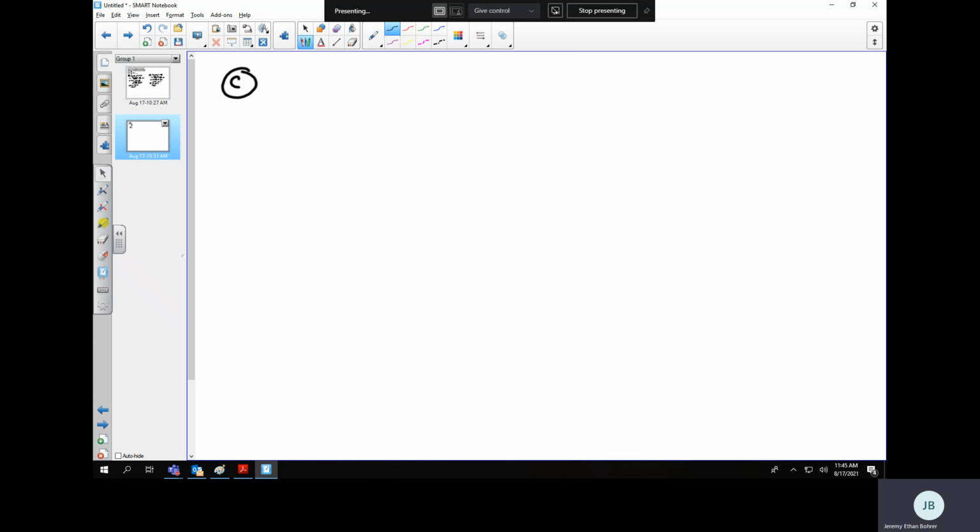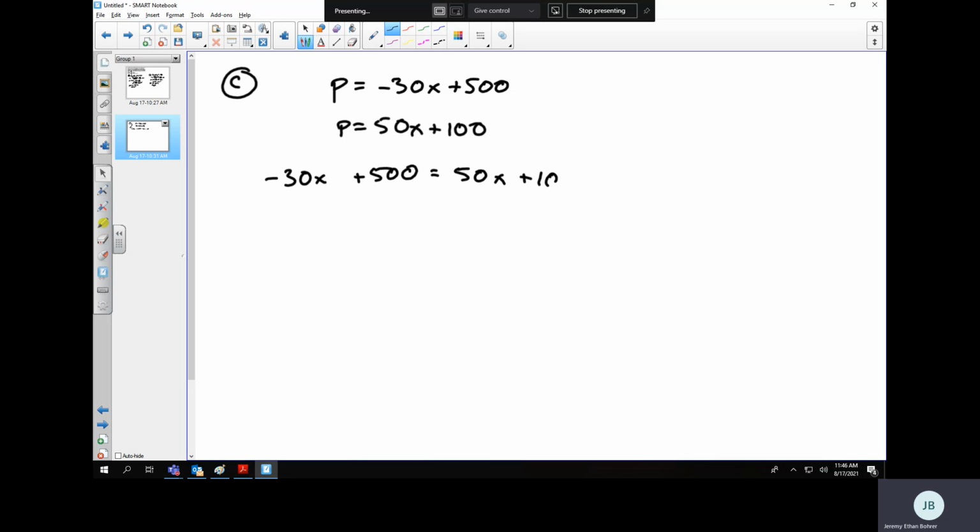Okay, so we've got these 2 equations. P equals negative 30x plus 500 and P equals 50x plus 100. And note that these are exactly the same equations as we had at the end on the previous page. We've just put them into a form that's easier for us to use at the moment, because this means that negative 30x plus 500 equals 50x plus 100.